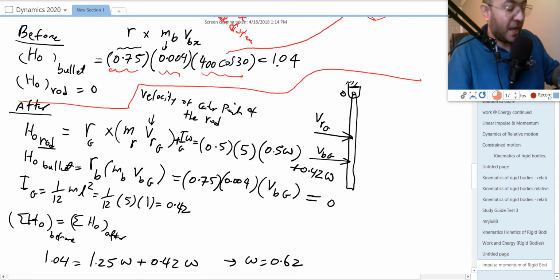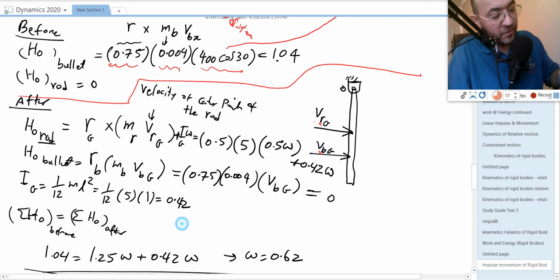Okay, when we consider the after, the Vg, we don't know it, right? Vg again has R and B components, where B means bullet and R means rod. Now for the rod, we have Rg.